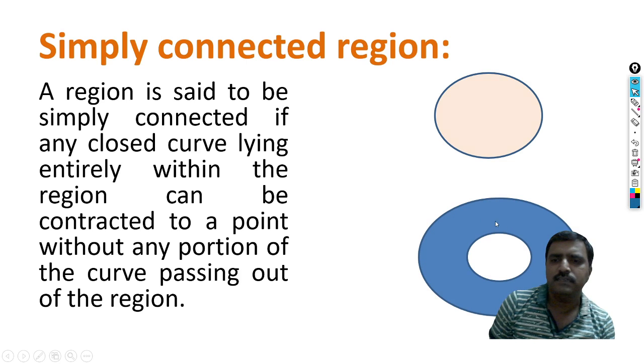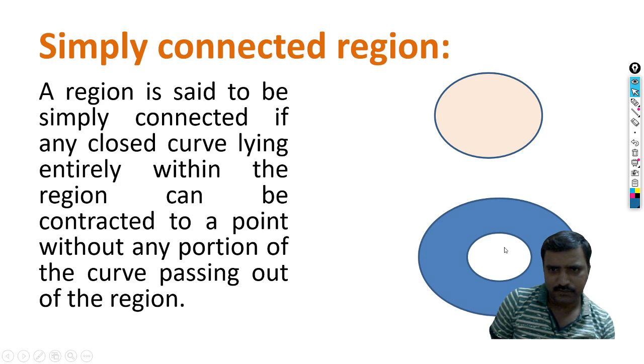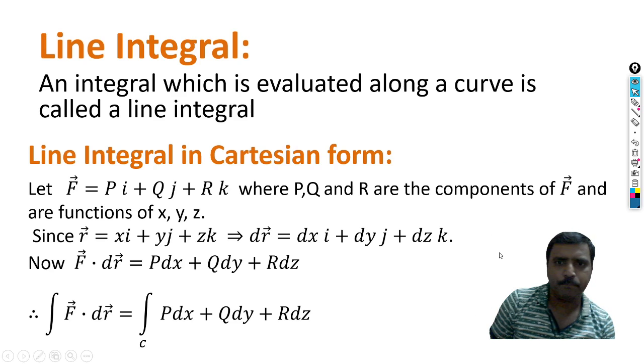If you take another region, that means two circles, and you contract the outer circle, then the inner circle remains the same, so it is not possible to shrink it to a point. That means this second one is not a simply connected region.